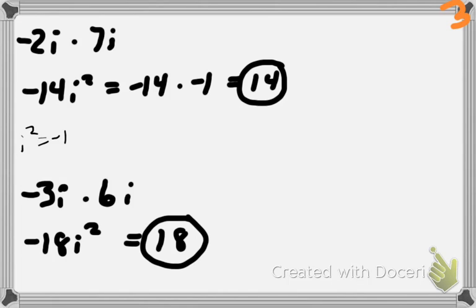Let's make it a little more difficult. Let's multiply three imaginary numbers. So if I take 3i times negative 2i times 6i, if I multiply those together, I would get 3 times negative 2 times 6, which is negative 36.